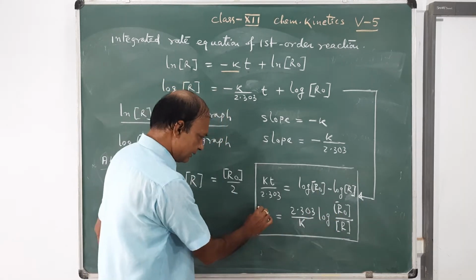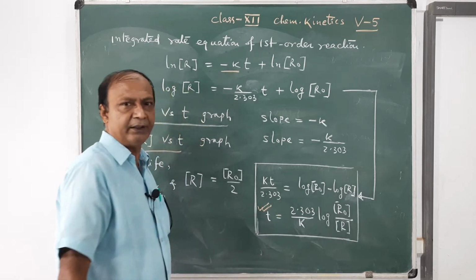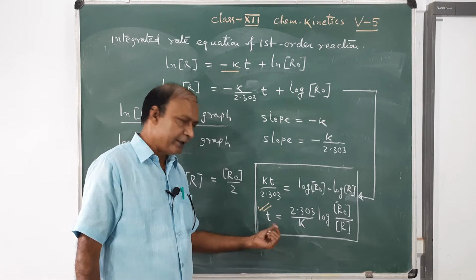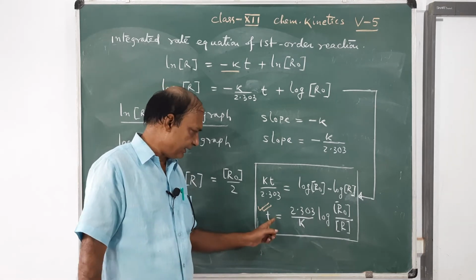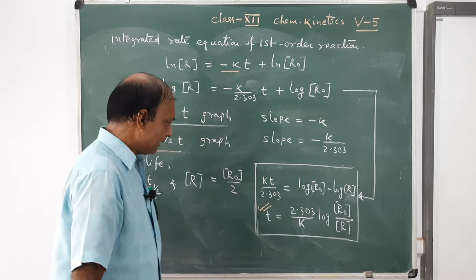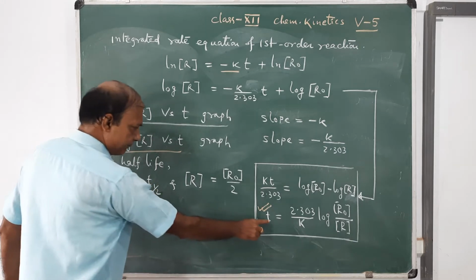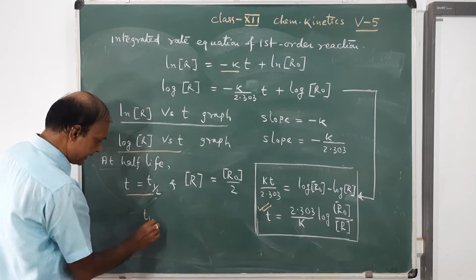Remember, this is the integrated equation for first order reaction. We generally write the equation in this way. Now, putting the conditions at half life, in place of T we write T half.